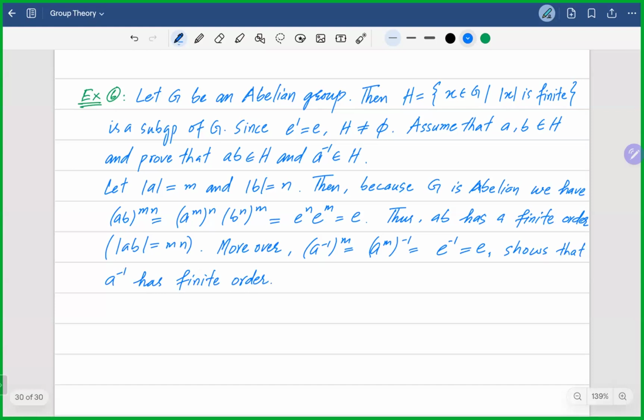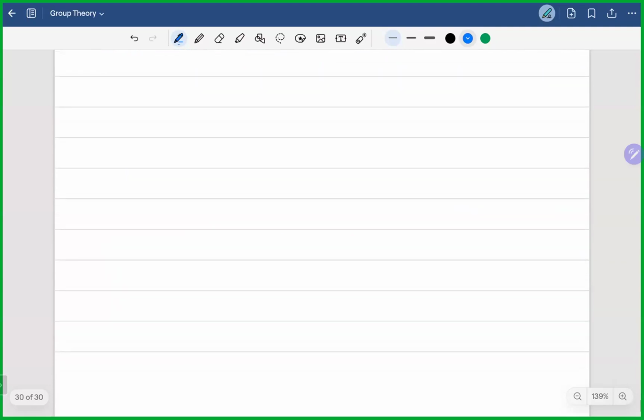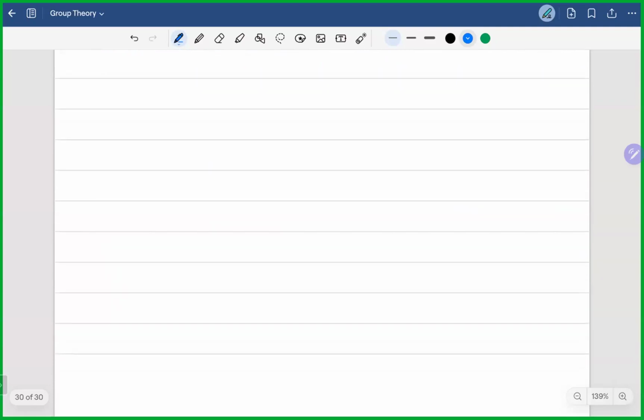Now we next illustrate how to use the two-step subgroup test by introducing an important technique for creating new subgroups of abelian groups from existing ones. The method will be extended to some subgroups of non-abelian groups in later chapters. Okay, perfect. So let's try to do that by using an example.